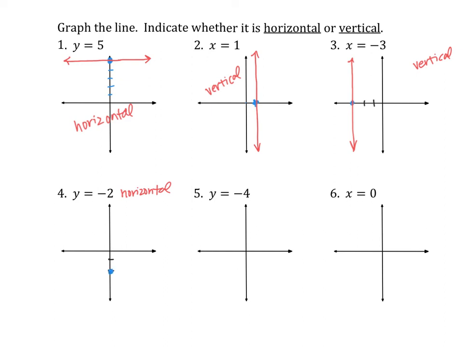Because it's horizontal, I can draw a horizontal line going right through y equals -2. Let's see, the next one is y equals -4. Since it's y equals a number, it's going to be horizontal. On the y-axis, it should hit at -4. So let's go down to -4, draw my y-intercept. Then I'm going to draw a horizontal line going through here.